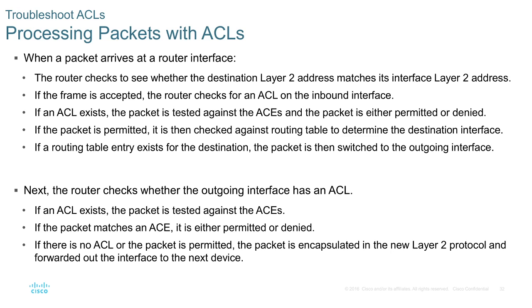If it is permitted, then it will go into the routing point, and the routing aspects happen. Then after that, if it is going to an outgoing interface, that can also happen there. And at the outgoing interface, again, if there is an ACL, then the ACEs will be tested again. If there is a match based on permit or deny, then if it is permitted, the packet will be further forwarded to the next destination from the router.